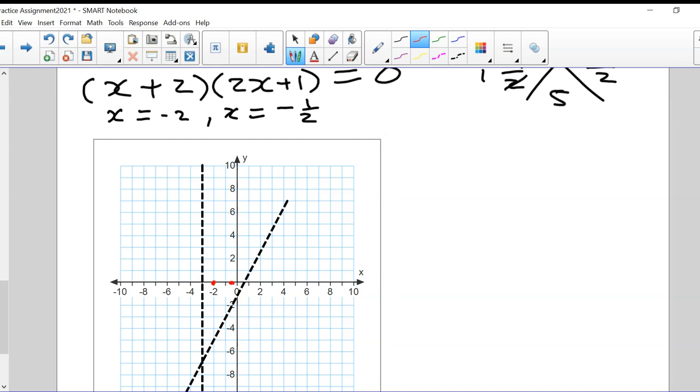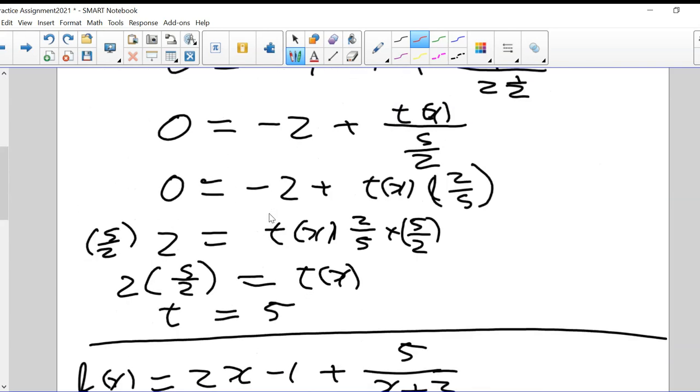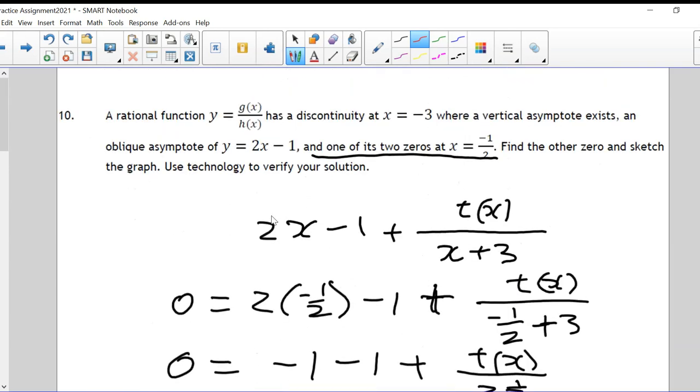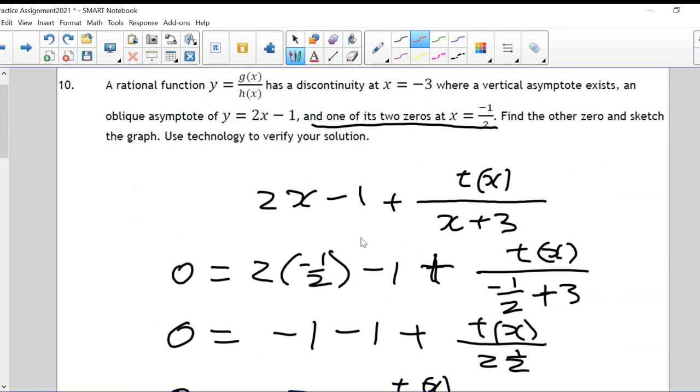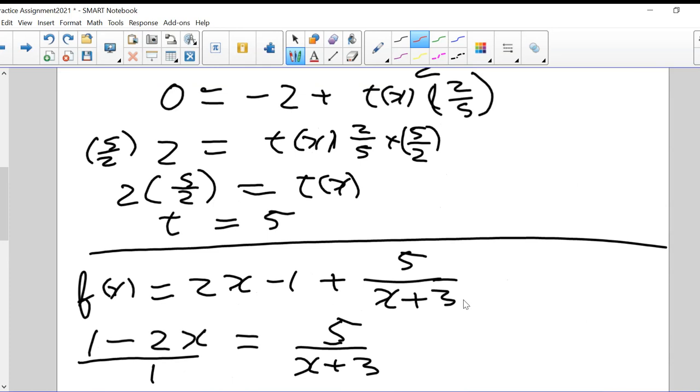And by the way, do I have a y-intercept? Well, we don't actually have one spelled out, but we can figure this out. We can put 0 into the function we had. Here's the function we had right here. If I put 0 in for x, that'll give me what my y is. So 2 times 0 is going to give me minus 1 plus 5 over 3, I think.